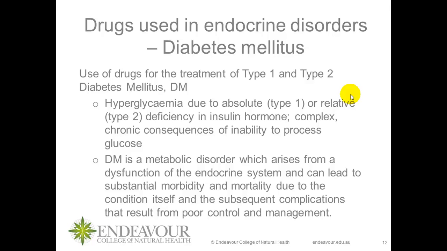So type 1 is where the person, due to autoimmune destruction of their beta islet cells, produces no insulin and needs to therefore take hormone replacement therapy for life. They need to take insulin subcutaneously by injection. So there are also various secondary disorders.